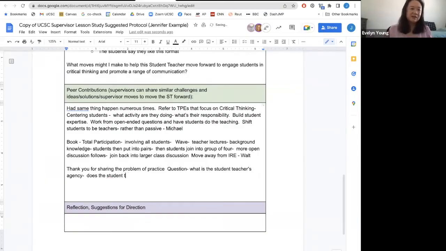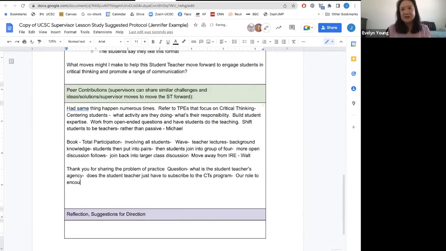And if there's a lack of agency, our role is to help remove some of those barriers and tackle that obstacle, to allow the student teacher to be able to throw in some of these peer collaborative kind of coursework. Because if that's something that the student teacher is not able to do, that's a conversation with the mentor teacher as well.